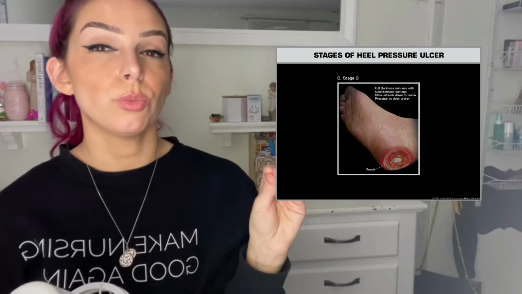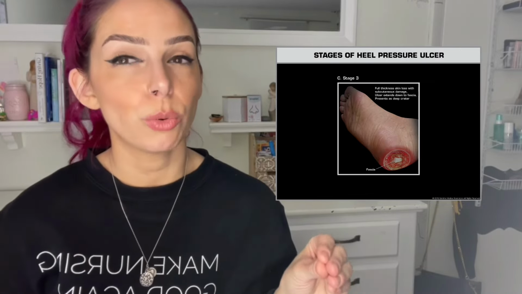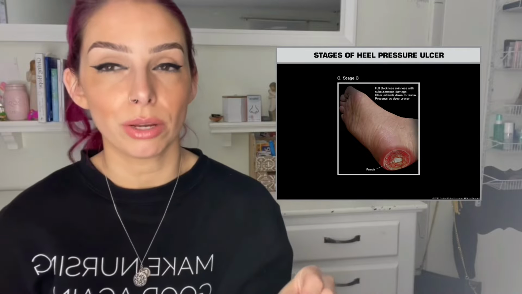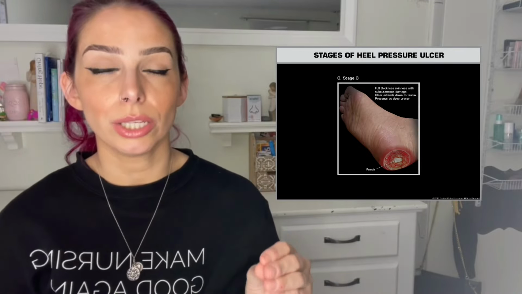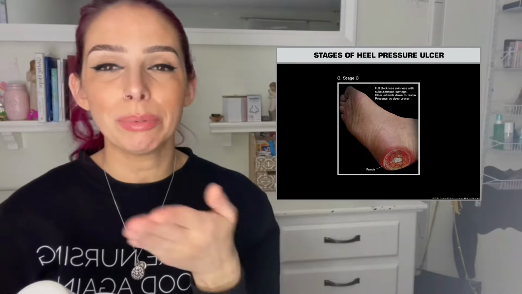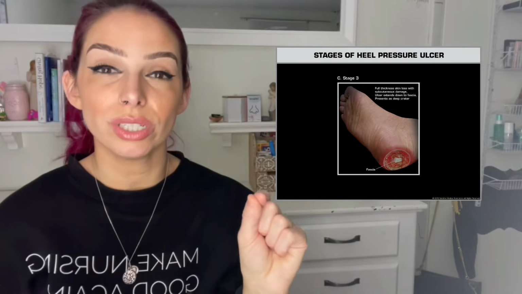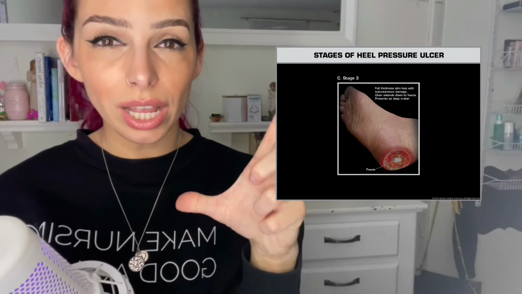You're also going to watch out for tunneling and undermining. No, we're not going mining. This is not Minecraft. To assess tunneling and undermining, you use the clock, right? Do you remember that? Kind of locate and give people an idea of where that tunneling and undermining is. We do use the sterile Q-tip because our little sterile Q-tips should have measurements on them. You can use this for wounds, but it also helps when you are looking for tunneling, especially.